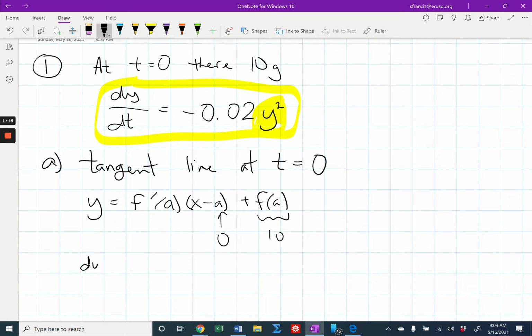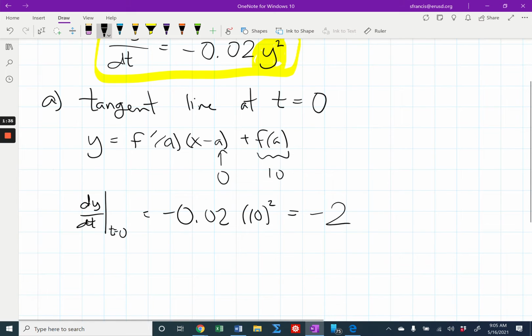So dy over dt at t equals 0 is going to be negative 0.02 times 10 squared, since 10 is the y value. 10 squared is 100. 100 just moves the decimal place twice, of course, so we'll get a slope of negative 2. That's 1 point of the 2 points for this problem.